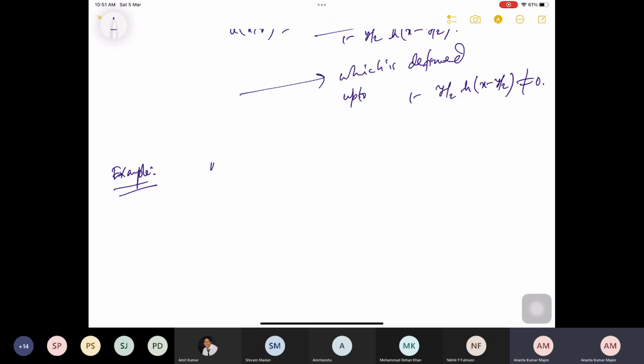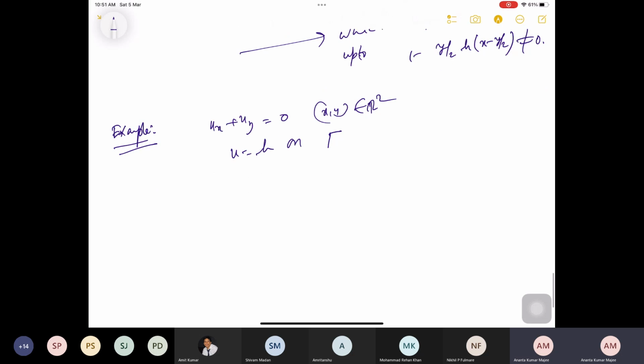So now I consider this problem: u x plus u y is equal to 0, where x, y is in R2, and u is equal to h on gamma. Depending on gamma, if gamma is one thing, you end up with a unique solution; if gamma is another thing, you end up with a non-unique solution.